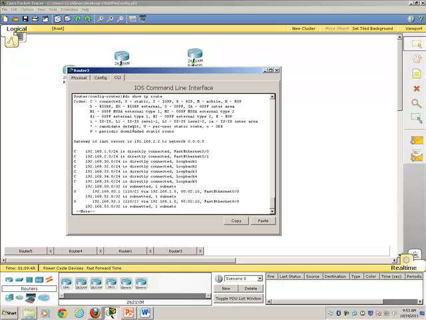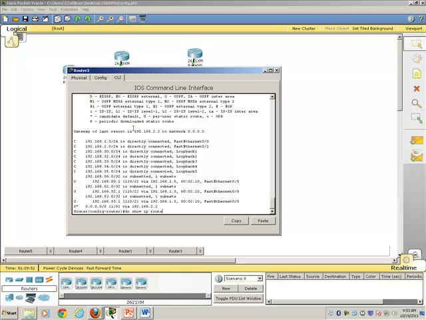So let's see if we can go in here. We're in the router, so we should look for the network 192.168.32.0, right? And what would the wildcard mask be? 0.0.3.255?